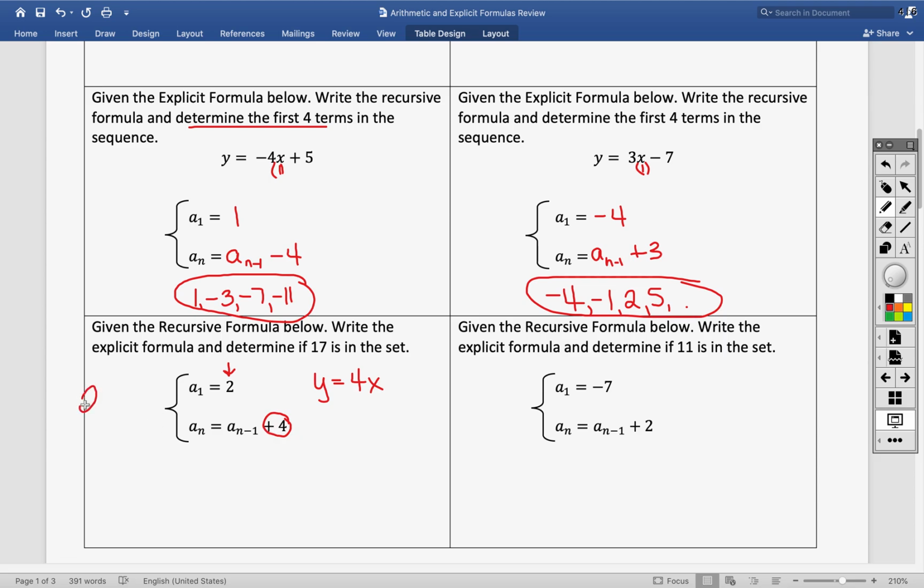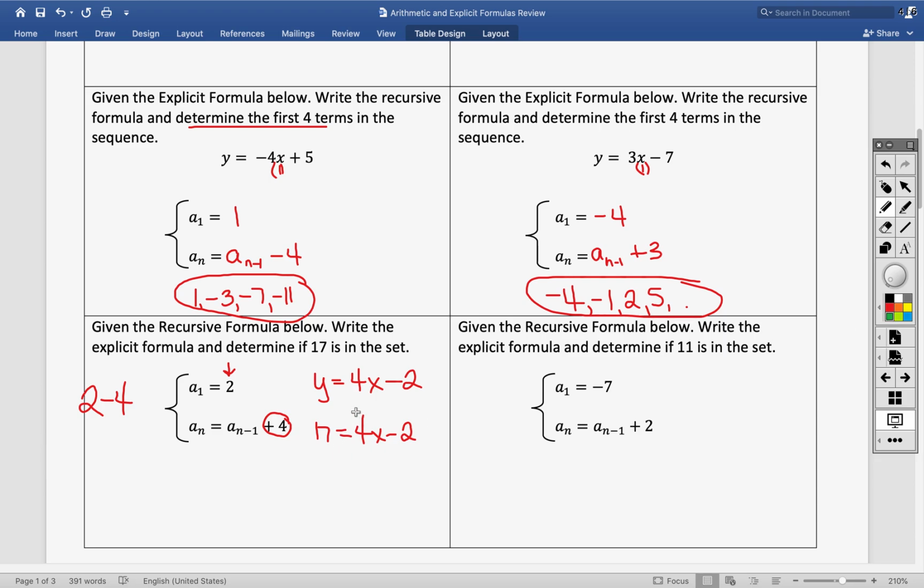So you're going to take 2 minus 4. And 2 minus 4 is a negative 2. So there's our explicit formula. Then to determine the 17th number in the set, you're going to put 17 in for y, and then you simply solve this equation.